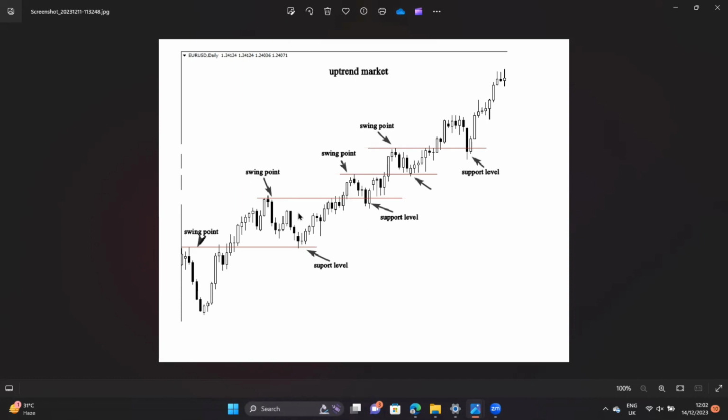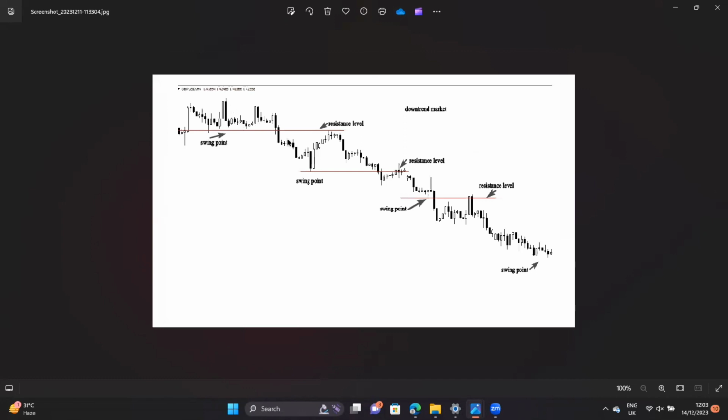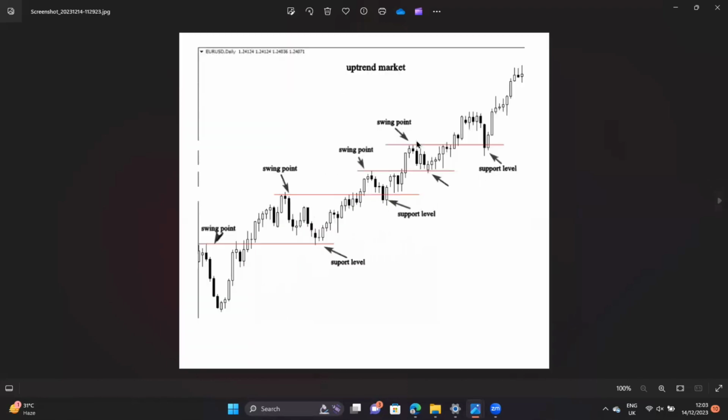Remember that in an uptrend, we have higher highs and higher lows, while for a downtrend we have lower lows and lower highs. It's very important to take note of those structures in the financial market.